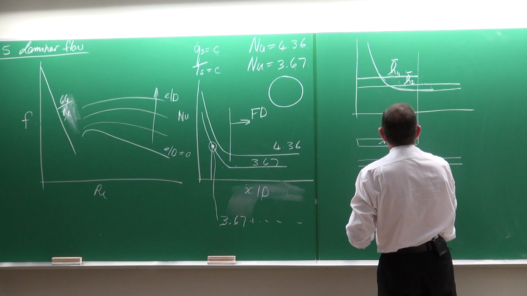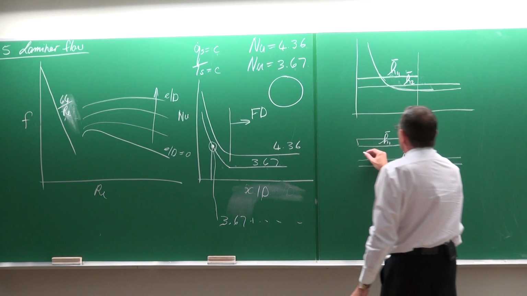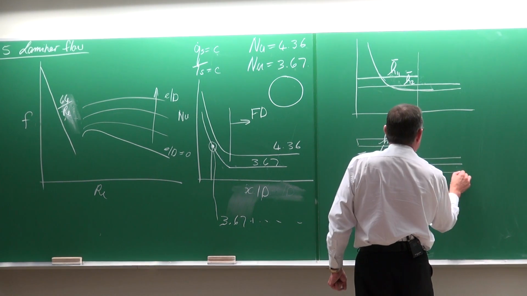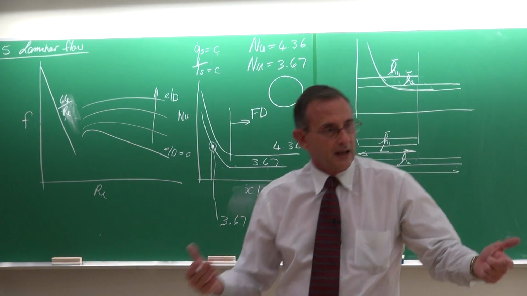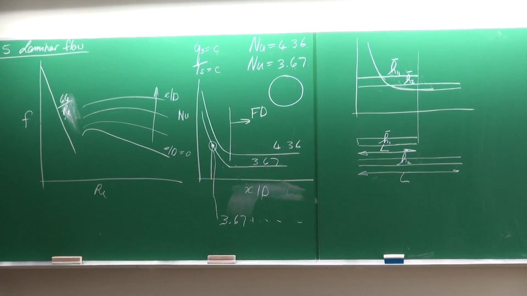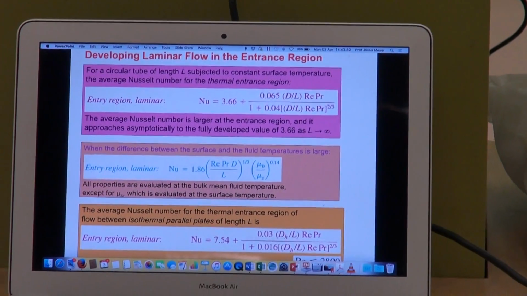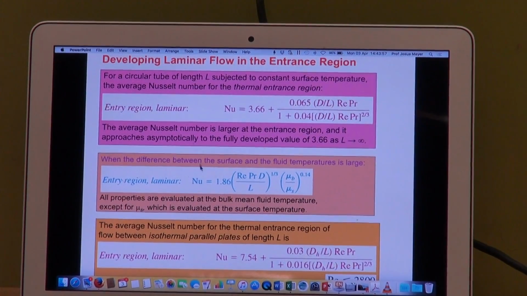So that is the average H1, and that's the average H1 and H2, depending on the length L. So if you put the length L into that equation, together with the Prandtl number and the Reynolds number, you can calculate the Nusselt number over the total length, and it gives you the average. So the fact that it's an average is very important.